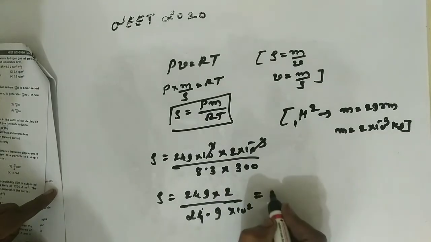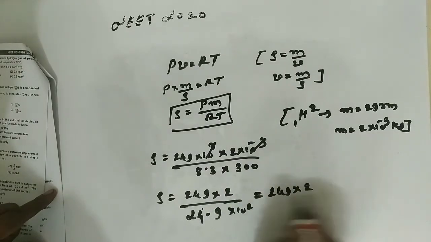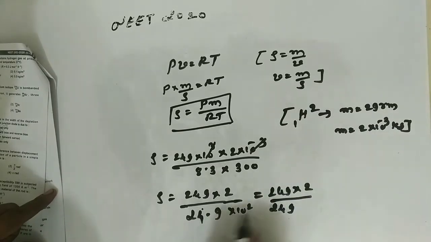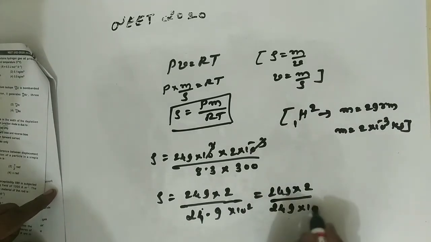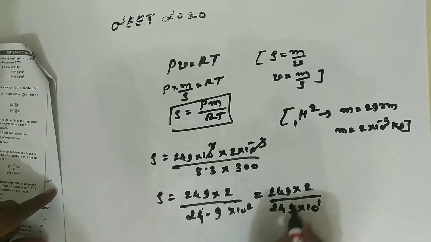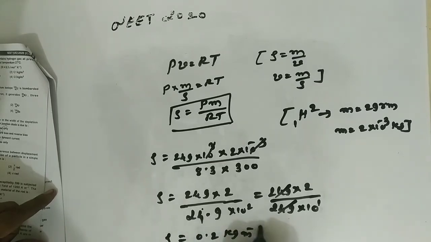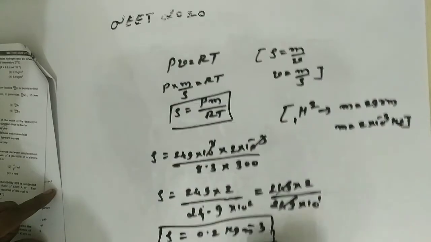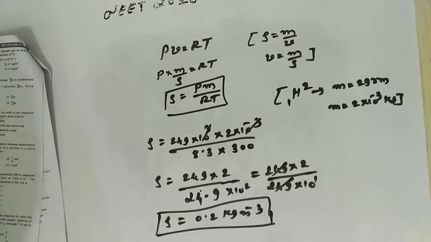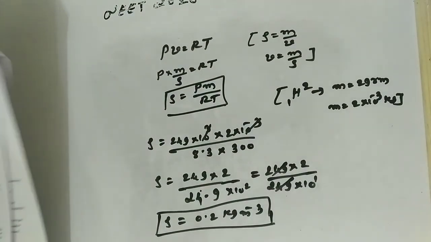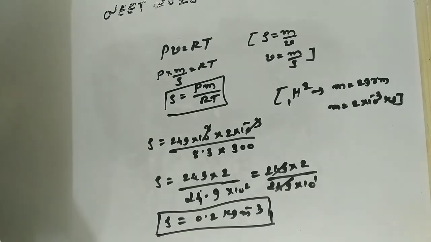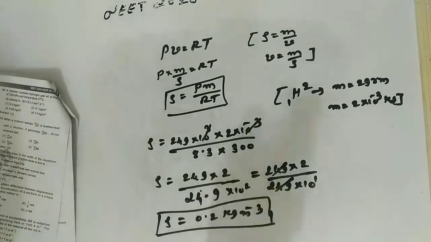So shall I make it 249 into 2 divided by 249, take the minus 1 from here, 10 to the power of 1, these two cancel, 2 by 10, which is nothing but 0.2 kg per meter cube. Look at the calculation carefully: a calculator is not needed anywhere if you approach properly. So your answer is the first option, 0.2 kg per meter cube.